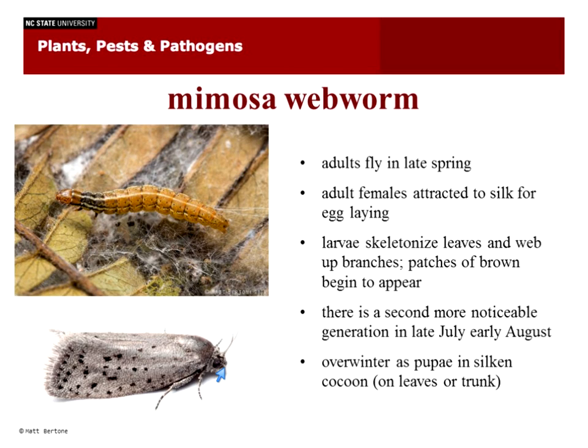Now, the adults, on the other hand, are very pretty grayish silver moths with these black spots all over the wings. This one actually emerged from the ones that I was rearing in the lab. Now, adults fly in late spring. The females are actually attracted to silk to lay eggs.